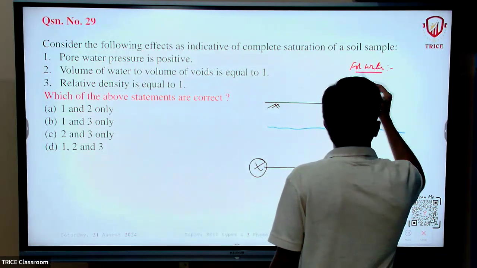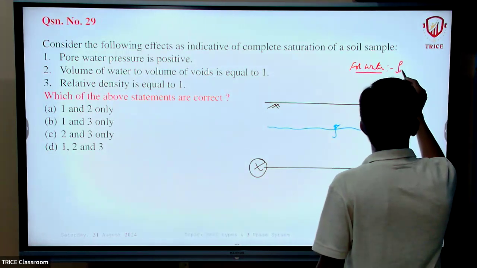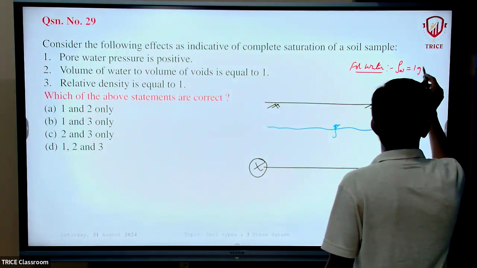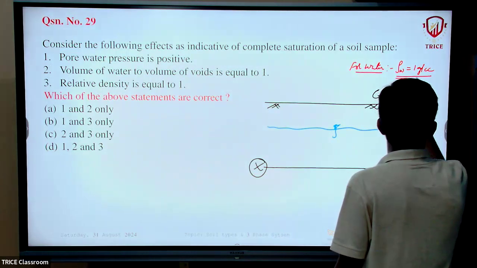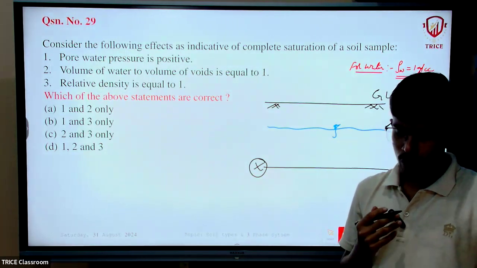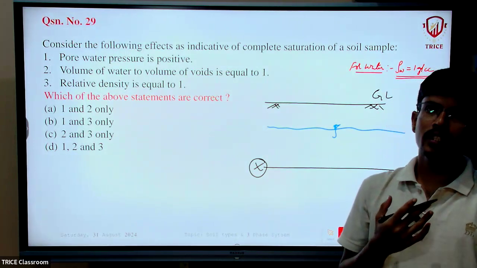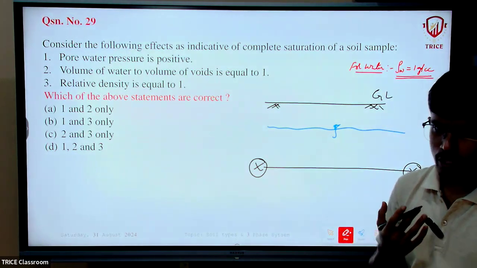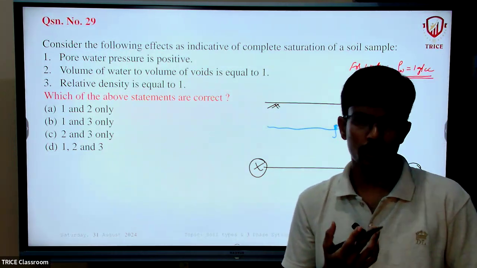Okay, so for water we should always take the density of water at 27 degrees Celsius as 1 gram per cubic centimeter. If you want to express it in the SI system, it should be around 10 kilonewton per meter cube.